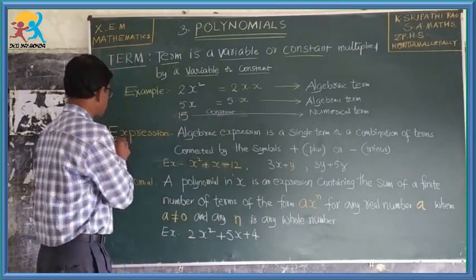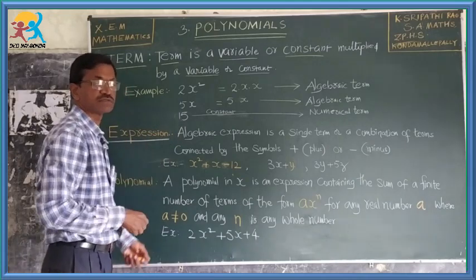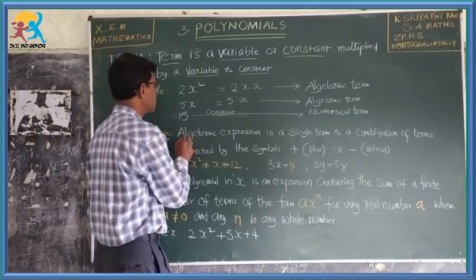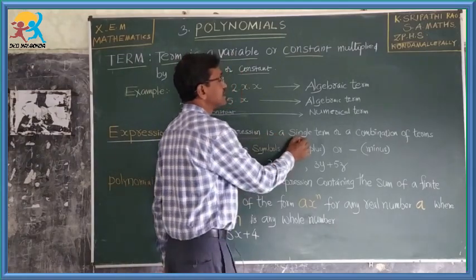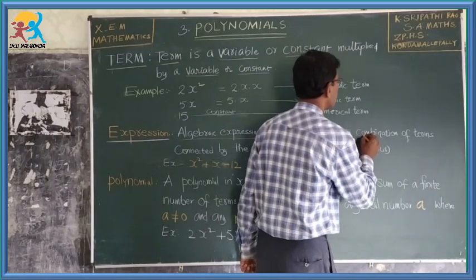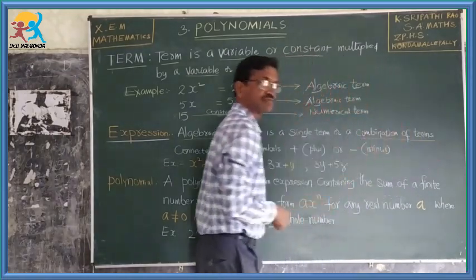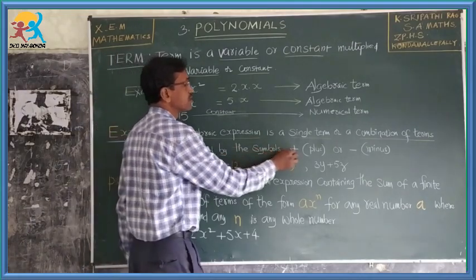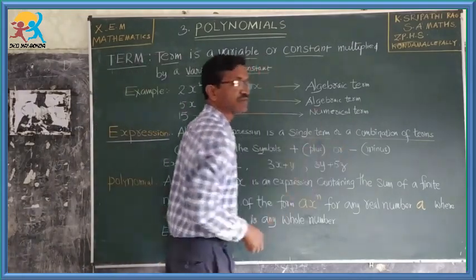Next, expression. What is called an expression? According to our mathematics, an algebraic expression is a single term or a combination of terms connected by the symbols plus or minus.